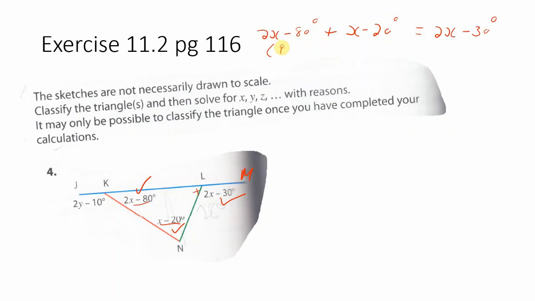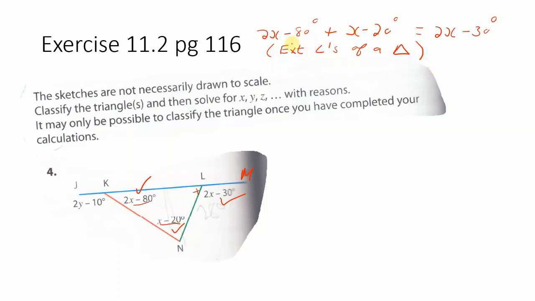The reason is exterior angles of a triangle. And EXT as an abbreviation for exterior is perfectly acceptable, and the angle sign.